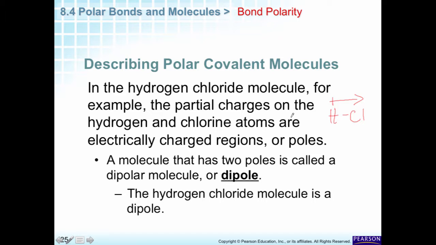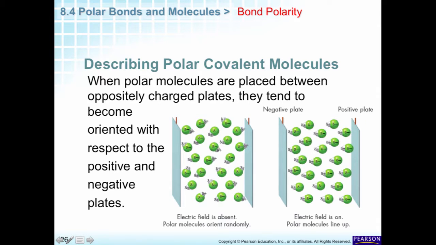So dipole, there's a positive here and a positive here, okay, in the nucleus, and then you've got almost all your electrons around chlorine. Okay, so if you have an electric field, versus no electric field, you have positive and negative sides of your molecule, there's your hydrogen, there's your chlorine, okay?